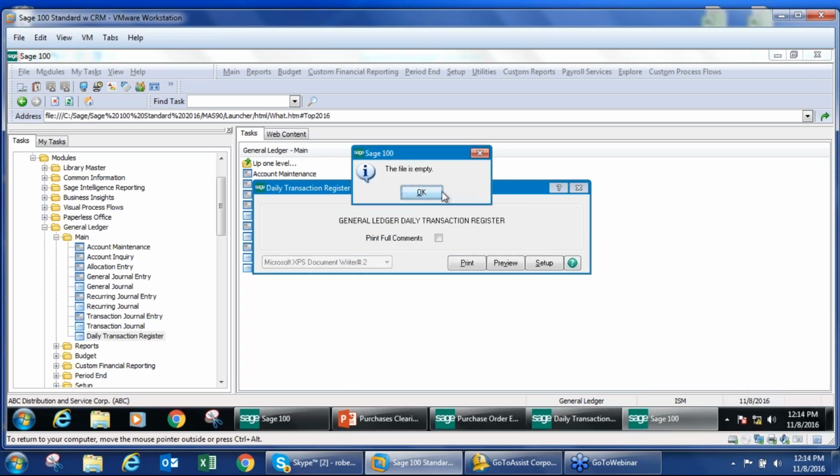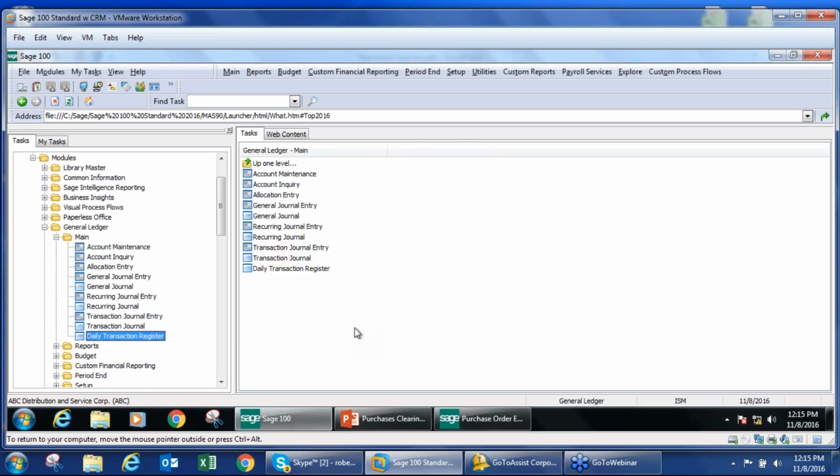In my case, the file is empty. However, I have seen some situations where some entries have been to a prior month in October or September. And that means that those transactions are not reflected at your GL. So you're not comparing apples to apples if your purchases clearing report is updated, but your GL is not. So this certainly is something that should be done just as a normal process for month-end closing.